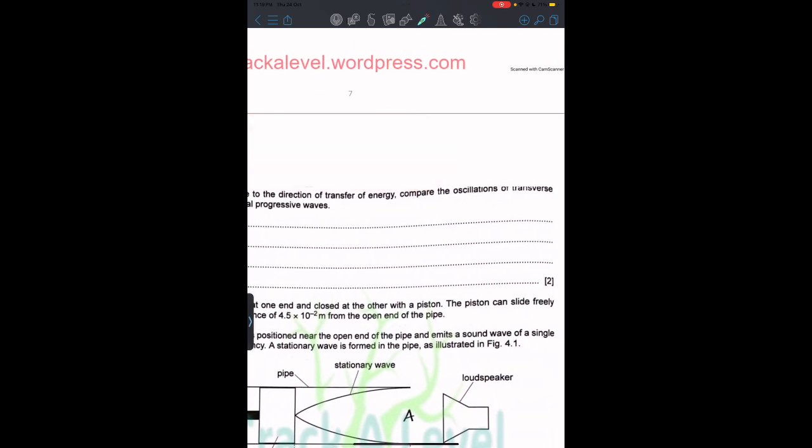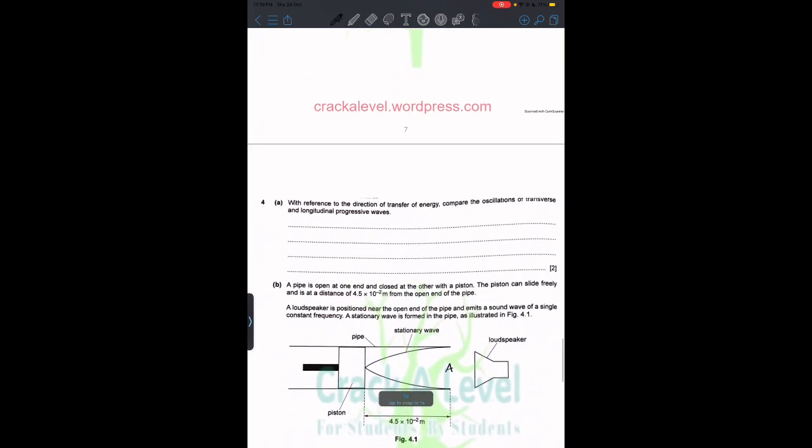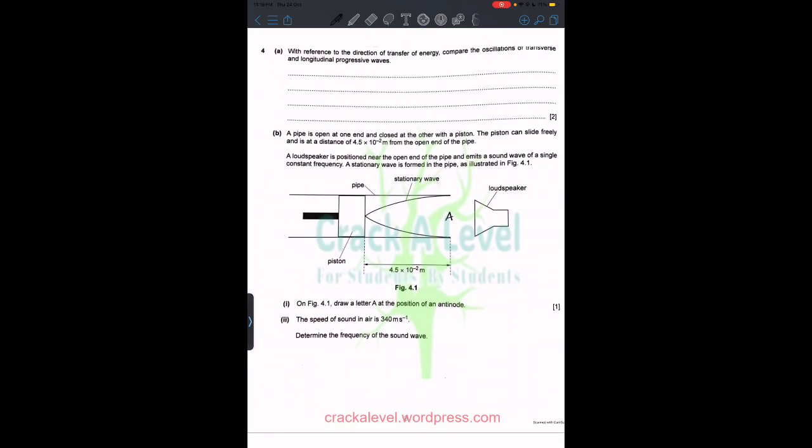So basically in a longitudinal wave the oscillation of particles is parallel to the direction of the transfer of energy, but in a transverse wave, because our particles are moving up and downward while our energy is transferred to the left or right, it is perpendicular.